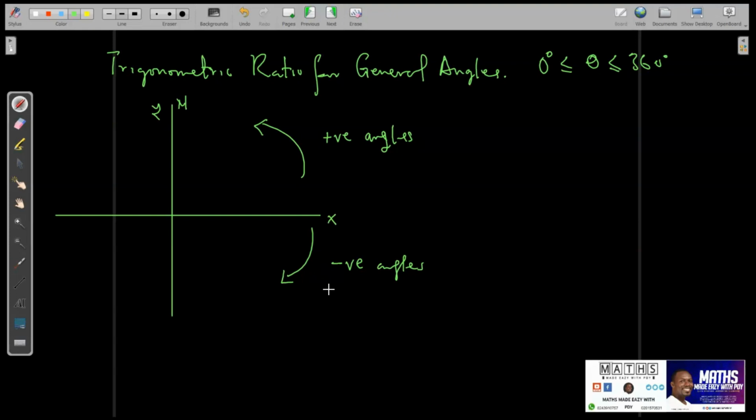Four. We have 4. So since we are measuring from the positive x-axis in the anti-clockwise direction, it makes the naming of the quadrant system to be in the anti-clockwise direction. So we have first quadrant, second quadrant, third quadrant, and then the fourth quadrant.